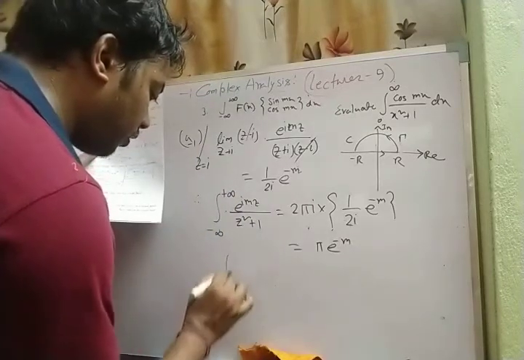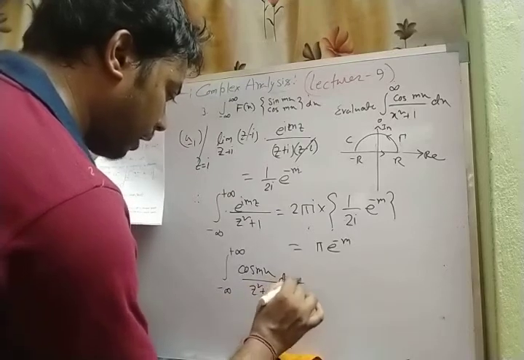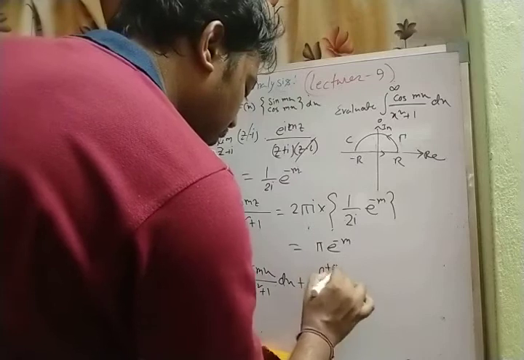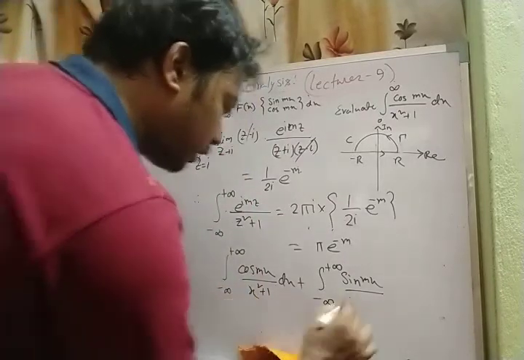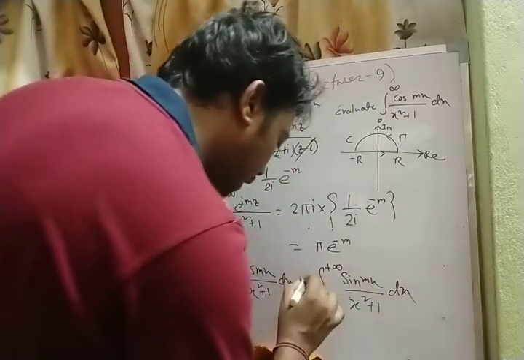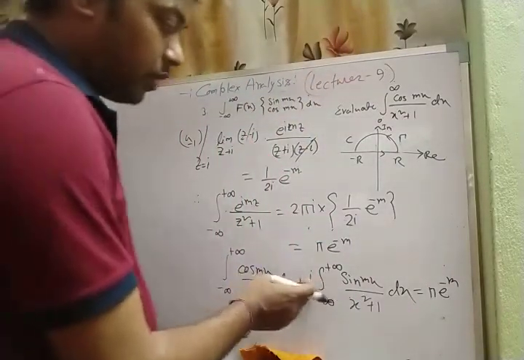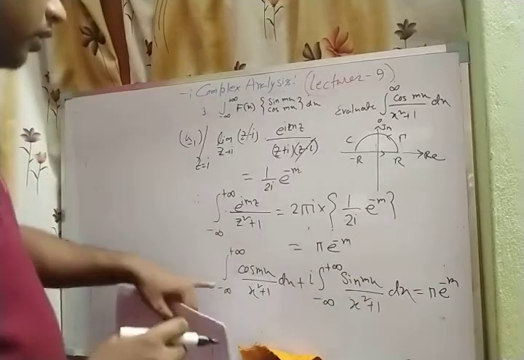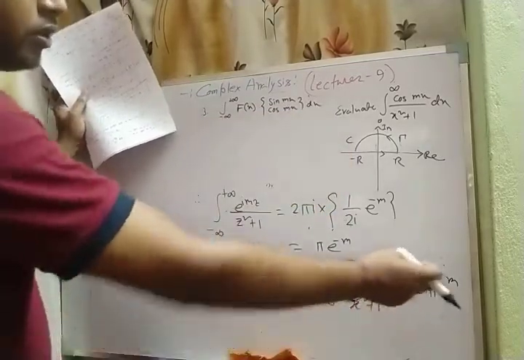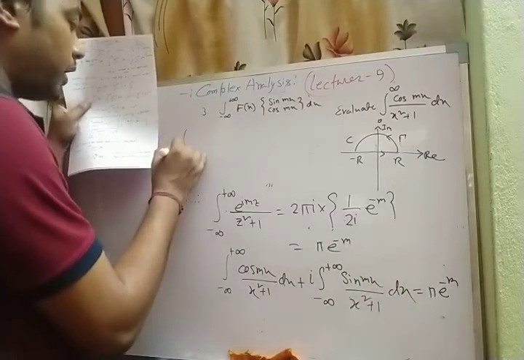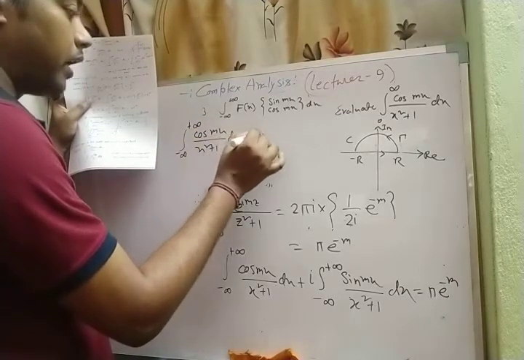So integration minus infinity to plus infinity cos mx by x square plus 1 dx, plus i times integration minus infinity to plus infinity sin mx by x square plus 1 dx, equals pi e to the power minus m. By comparing the real and imaginary coefficients on the left and right hand sides, we find that the sine part integration is 0 and the cos part integration from minus infinity to plus infinity of cos mx by x square plus 1 dx equals pi e to the power minus m.